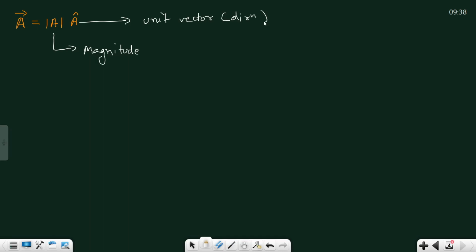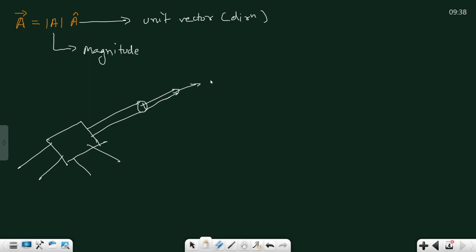For example, in the last lecture I gave a very simple example. मैं फिर से बता देता हूँ. Suppose if you are having a cannon, artillery, and if you want to fire, the shell is having its own speed. The shell is able to come out of the muzzle with the speed of 200 meter per second.